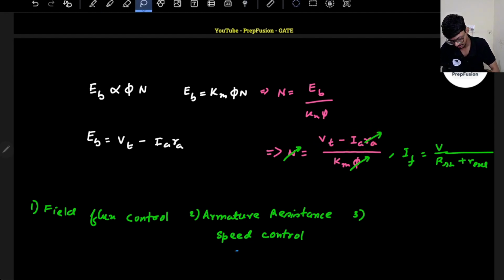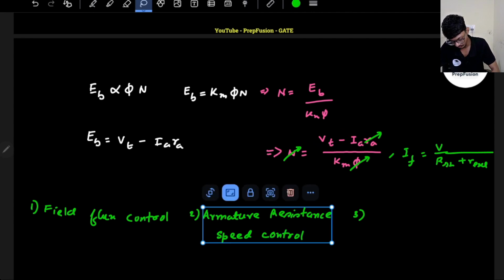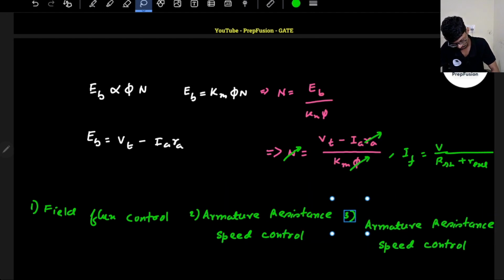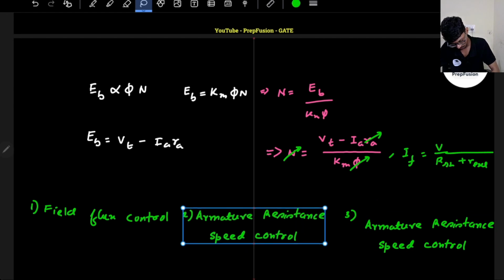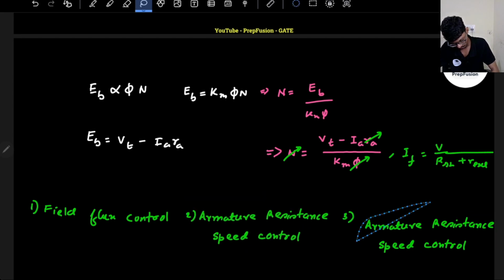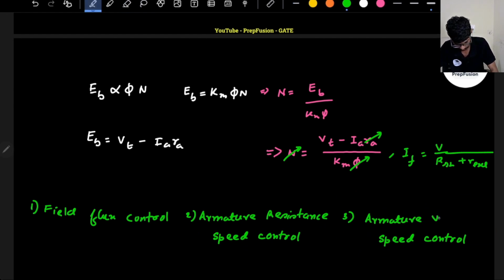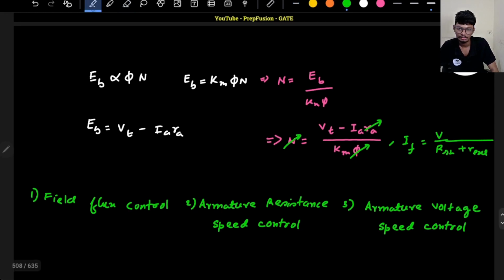So these are the three different methods of speed control.